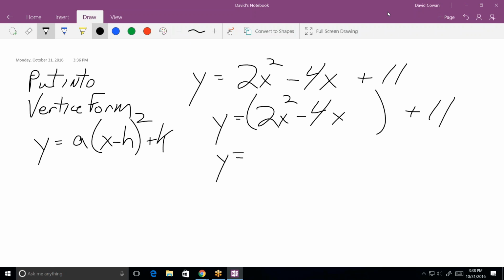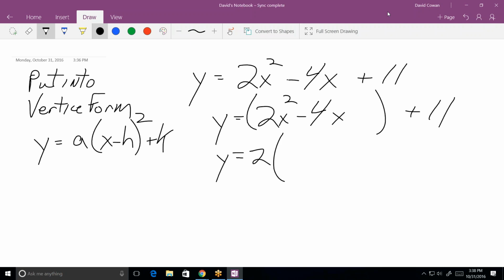What's the very first thing you have to do before you can complete the square? You need to factor out the 2. Yeah, you have to make sure you cannot complete the square until that is a 1. No matter what that coefficient is, if it's anything but 1, you have to factor it out.